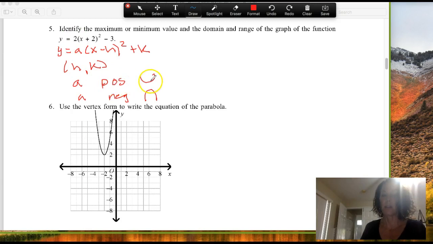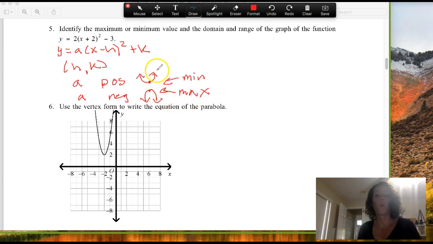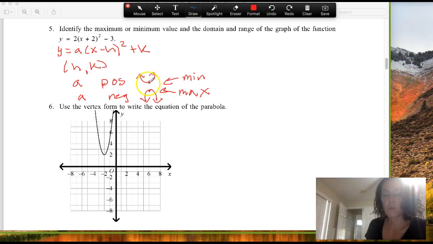If I'm positive and I open up, I'm going to have a minimum. This will be the lowest value. I'm not going to have a maximum because these will go on forever. If I have an a value that is negative, I open down, which means this point would be a maximum. And then for the domain and range, the y value at my vertex would be the lowest point, or for this one the highest point. So that can help me figure out my domain and range.